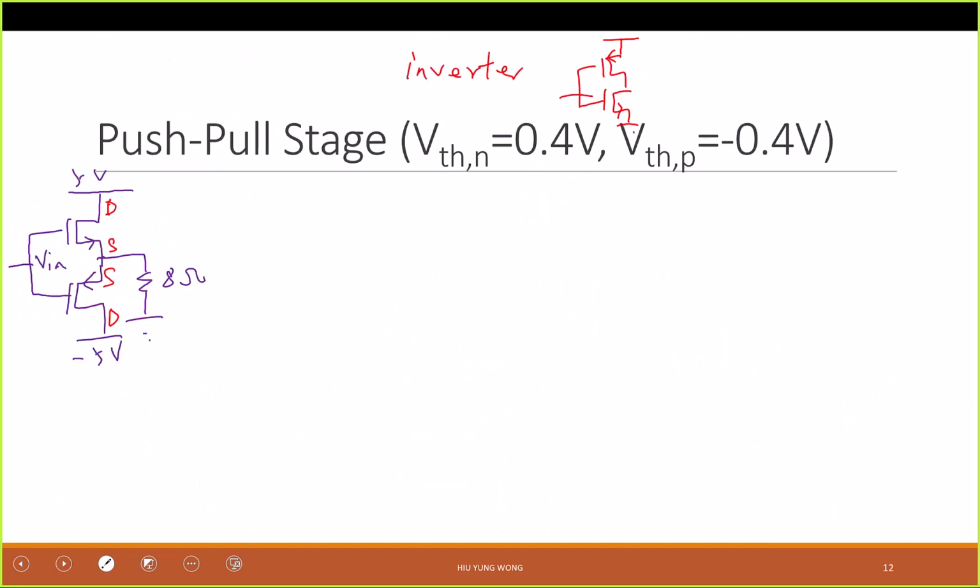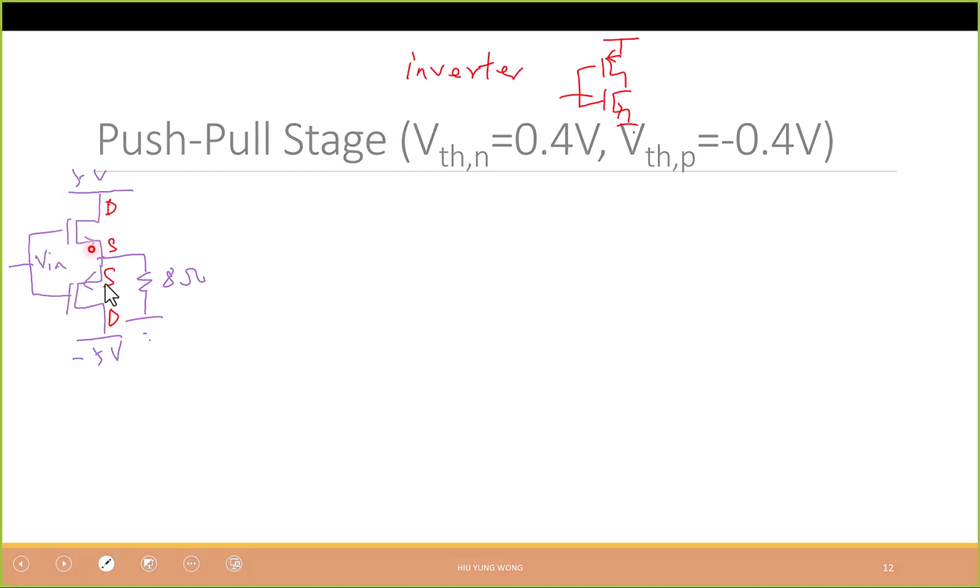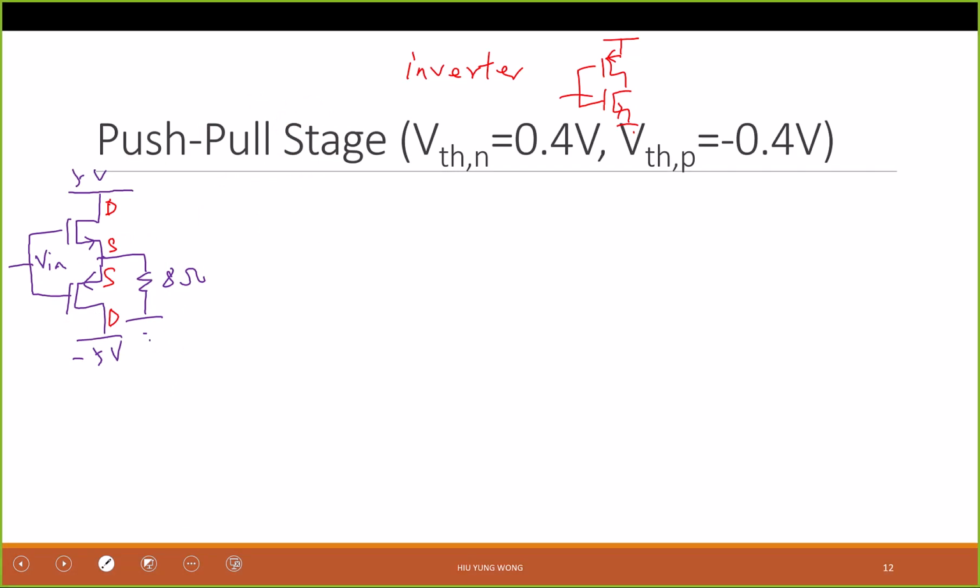So the idea naturally is that I want to have a NMOS here, a PMOS here, to push the current to the low and pull the current from the low to form a push-pull stage, which is very common in power amplification, right? So I will just tell you that, and you can try to check yourself. We will check, but try to think about how they come up with this.